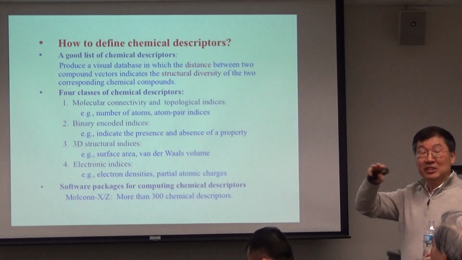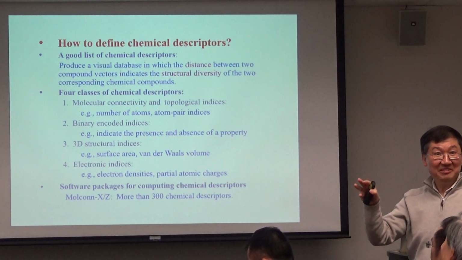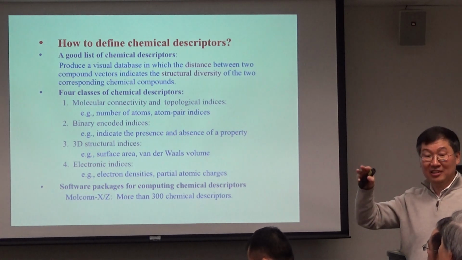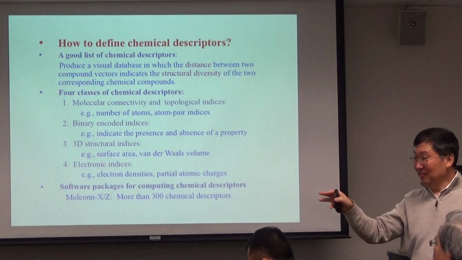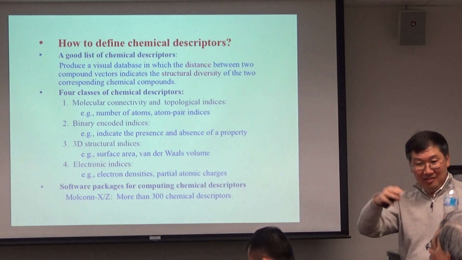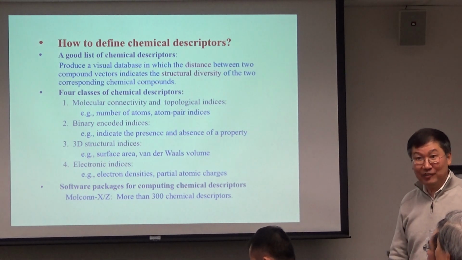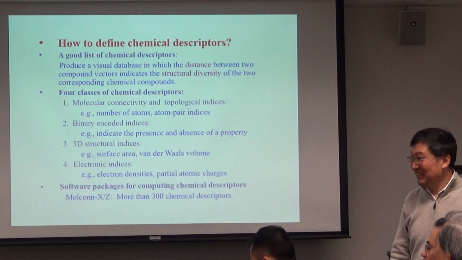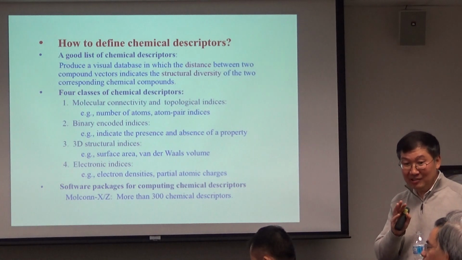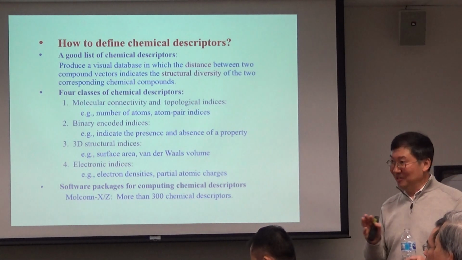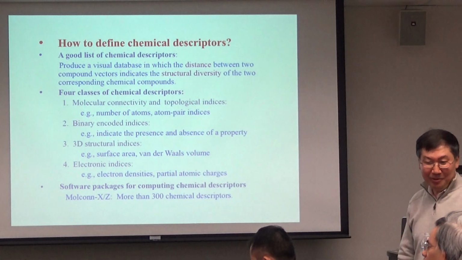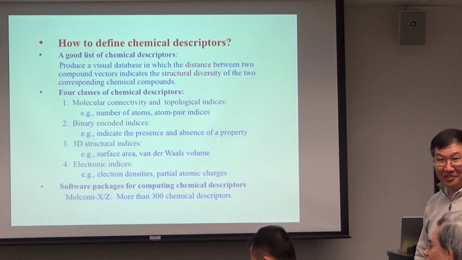The target function will not be changed. Here we just had an error function. Now we want to maximize the effective values. That's a very good topic for people who work on statistics.